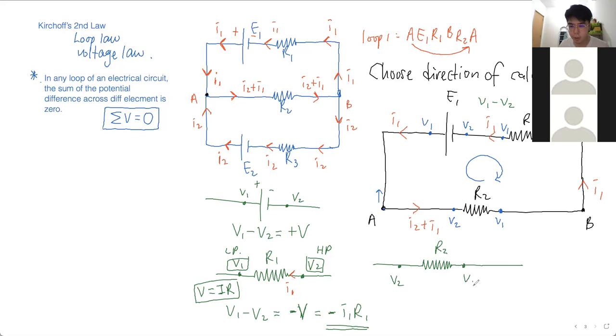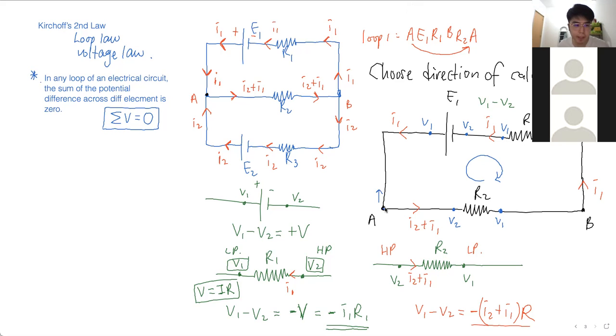Here is V2 and V1. Which way does the current flow? Current flows to the right, I2 plus I1. What do I subtract from what? V1 minus V2. I have already defined my direction of calculation. Now V1 minus V2, which is higher potential? Current goes from left to right, so V2 is high potential and V1 is low potential. V1 minus V2, you also get a negative value, so negative V, and V equals IR. So negative (I2 plus I1) times R. Okay? If you have any question, please stop me. So you get this negative (I2 plus I1) R.